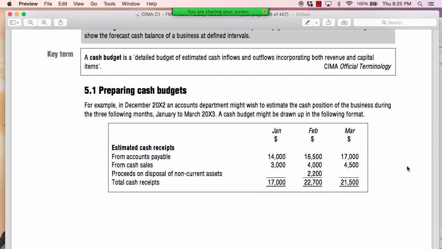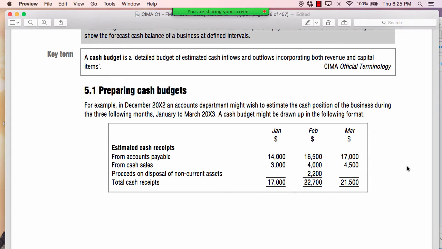So because of that, you can see, am I able to manage this? Do I need to take a loan, or do I need to negotiate with my suppliers or creditors and my debtors? Do I need to have a negotiation session going on, because currently it doesn't look very good, right? So that is what cash budgets are.